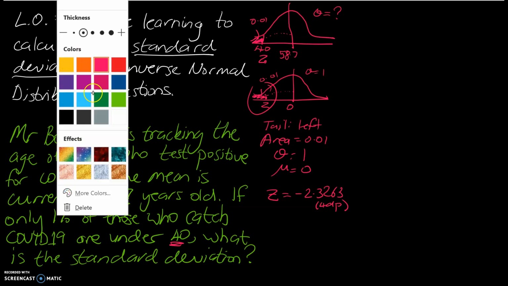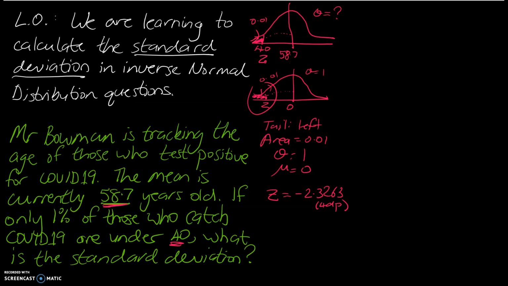At this point here, I'm going to change pen colors. I'm going to go for blue. That's the first step. The next step is to work with our z formula to calculate the missing variable, or in our case, the missing variable is the standard deviation.